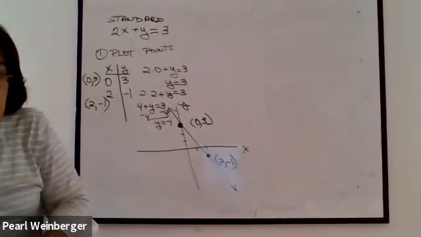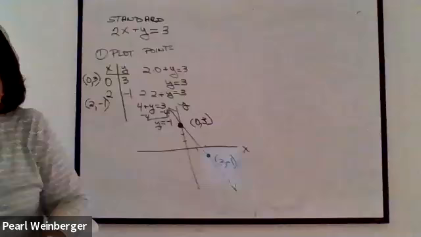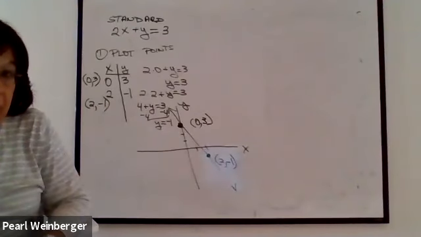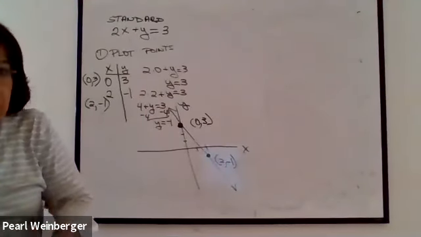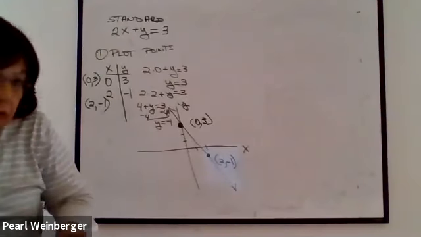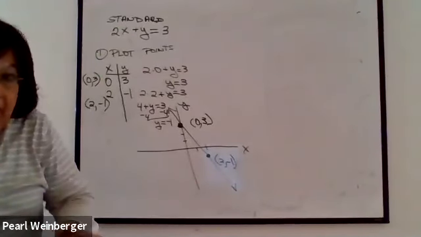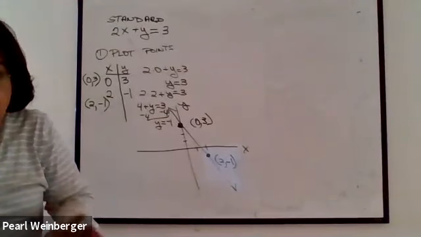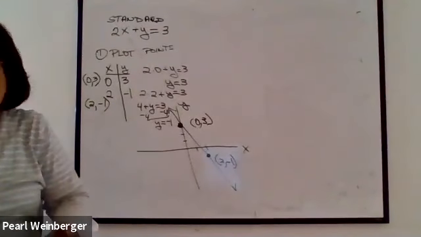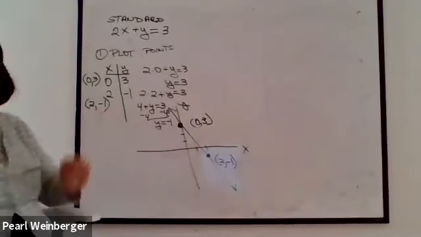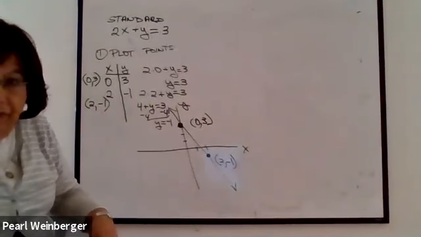It always works. The only problem with plotting points is that you'll have to constantly be solving at least 2, and if you want to be more accurate and make sure you did it right, then you have to do 3. This is one method of graphing a line.